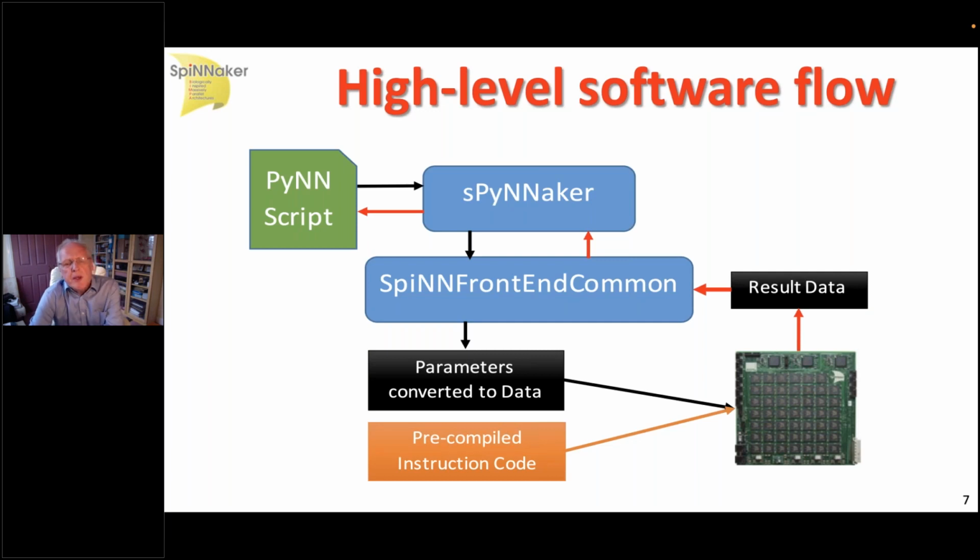All the issues of mapping the problem onto the machine and setting up the routing tables to connect with the processors appropriately, those issues are all handled by the software stack, and the results come back to the user in the normal way. So the goal here is to make the use of SpiNNaker as transparent as possible to the regular user of PyNN. And that's the basis of the service we offer through the HBP.